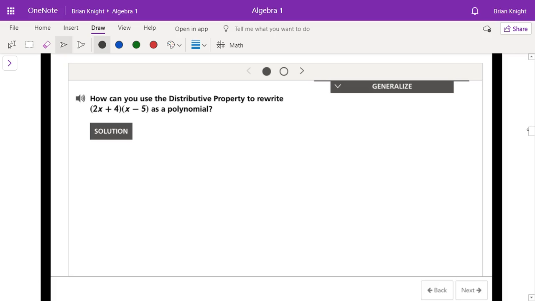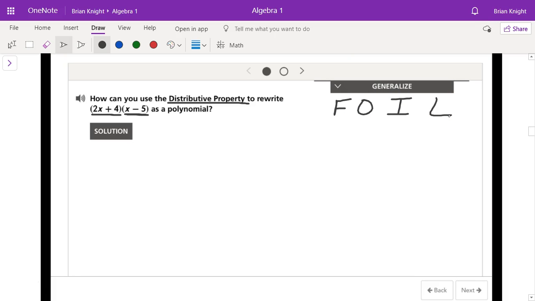Okay. So here, notice it says do the distributive property. And by the way, on your homework, if it says do the table, you don't have to, because you can do it whichever way you're more comfortable with. But just know the other way does exist. And so here we have a binomial times another binomial. Some teachers like to refer to this as the FOIL method.